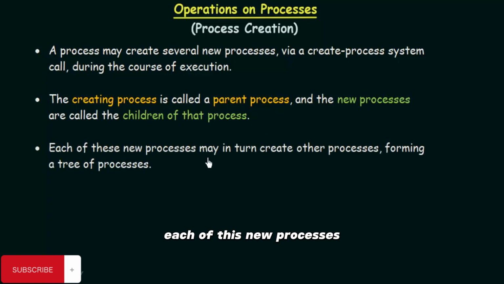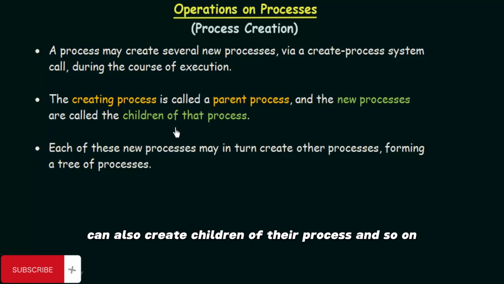Each of these new processes may in turn create other processes, forming a tree of processes. So we saw that the parent process creates children processes, and those children can also create their own children, and so on.